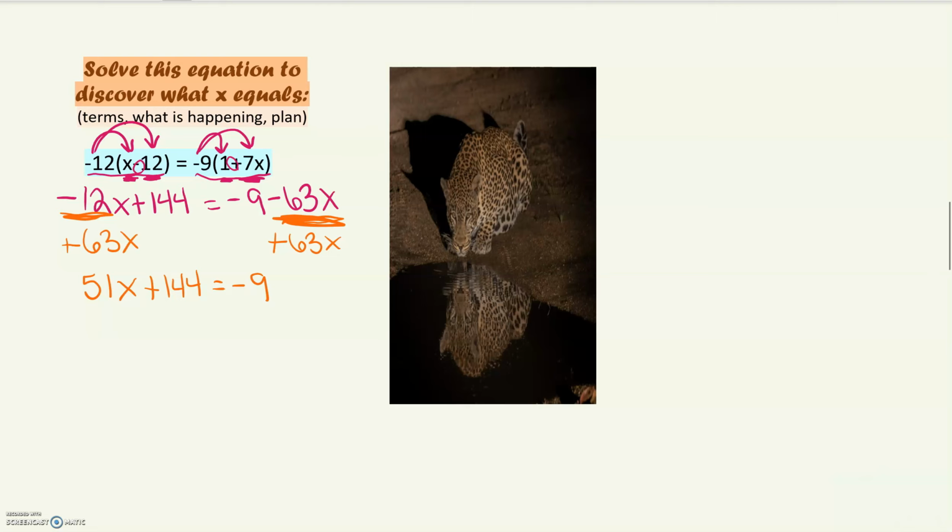That negative 63x plus 63x becomes a 0. That is why we don't have to write it anymore. I then just did the math. I have 12 bad x's and I have 63 positive x's. So when I put those in the same room, the positive 63 wins by 51.